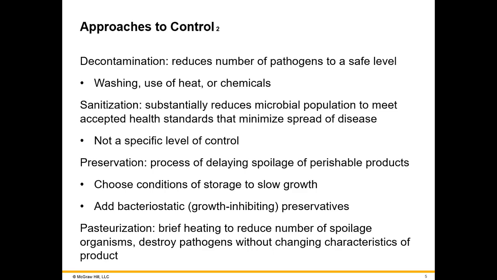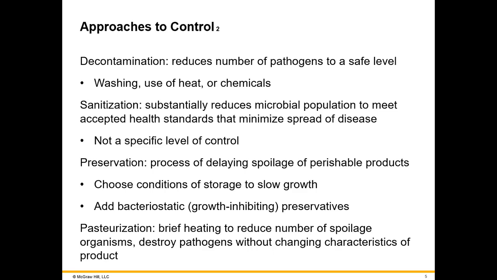We move then to the preservation process. This is a process that is used to preserve perishable products. It implies the delay of spoilage by microbes that are present in the perishable material.